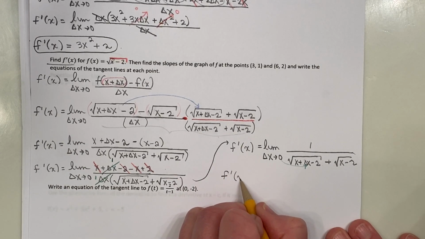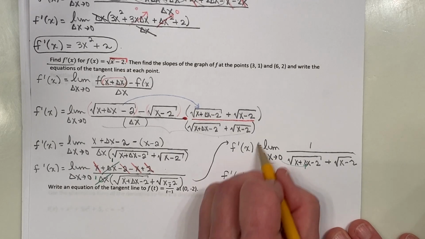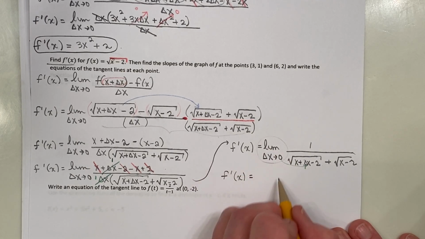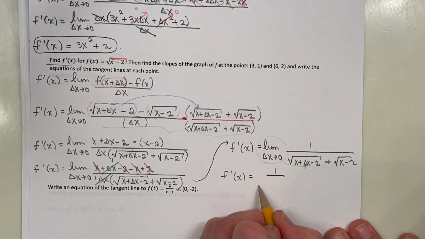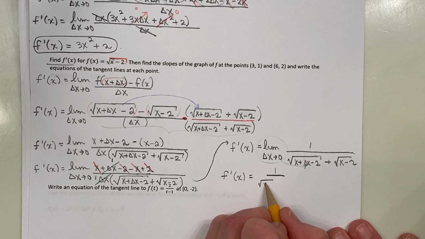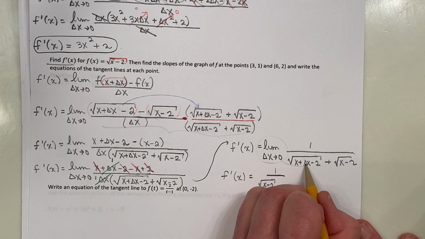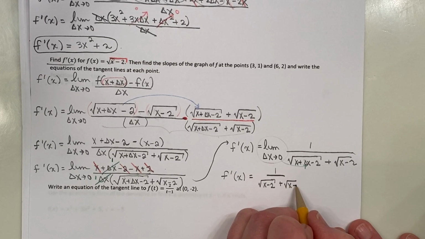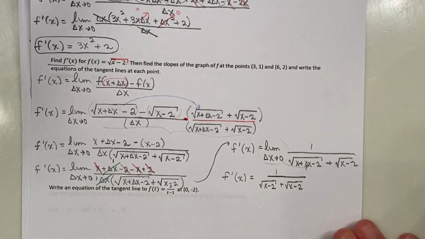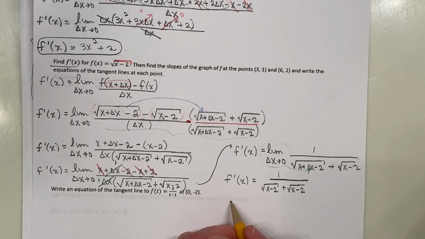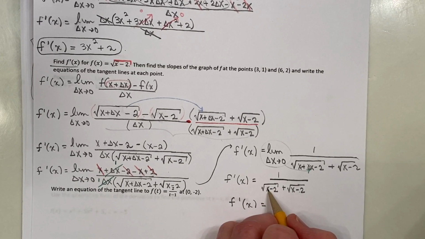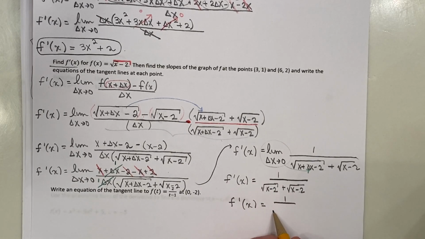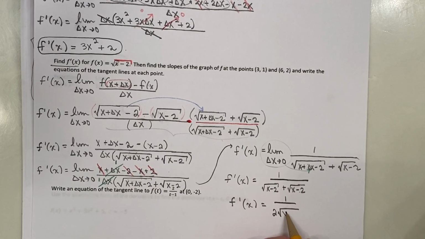So I end up with f prime of x equals, the limit's gone because I'm plugging in 0, 1 over square root of x minus 2. That goes to 0, so I'm left with x minus 2 plus another square root of x minus 2. And finally, the last cleanup is, let's collect these two like radicals. There's 2 of them, so 1 over 2 radical x minus 2.